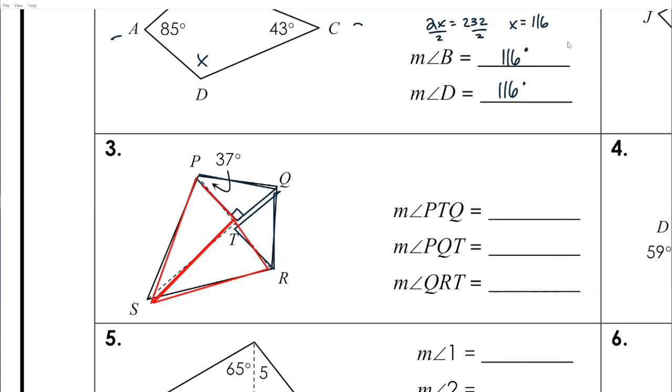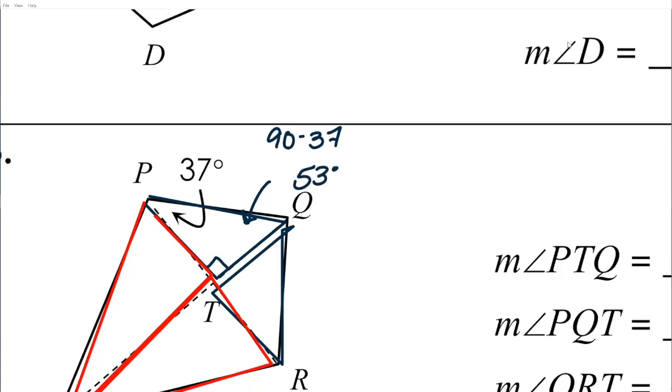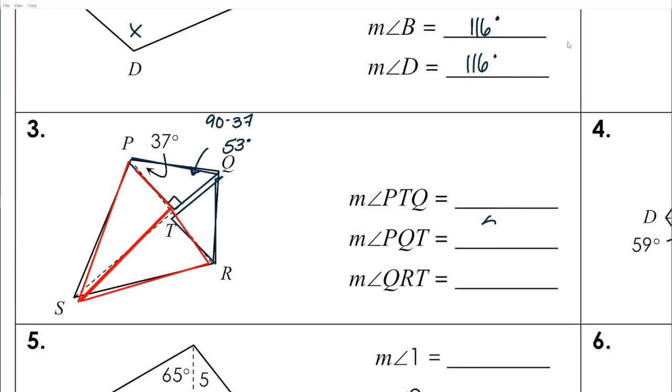So if you have 37, to find this missing angle, you can just use the fact that it's got to be complementary to one another. So 90 minus 37, and PQT is 53. PTQ, so P, follow, we started, go to our vertex and up.